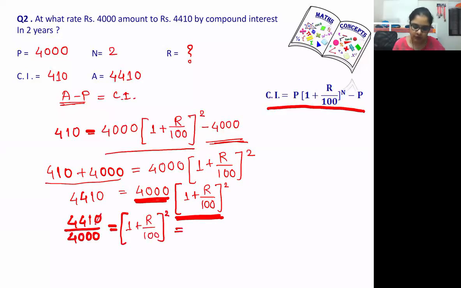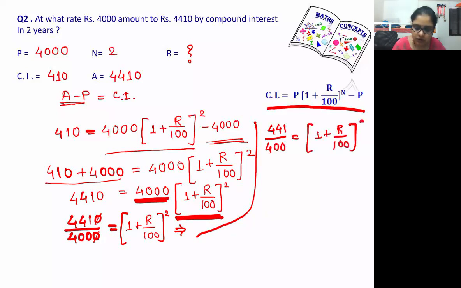Can I cut zeros from here? This gives me 441 upon 400 is equal to 1 plus r upon 100 whole square.